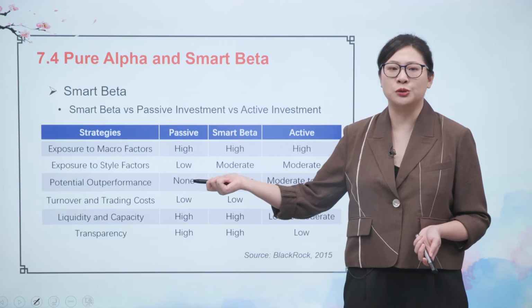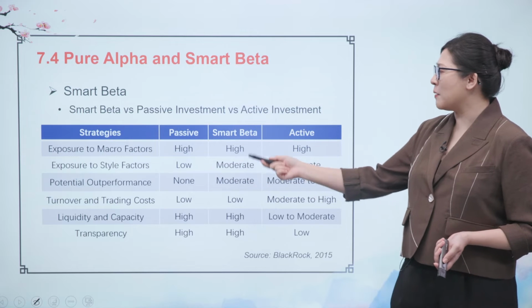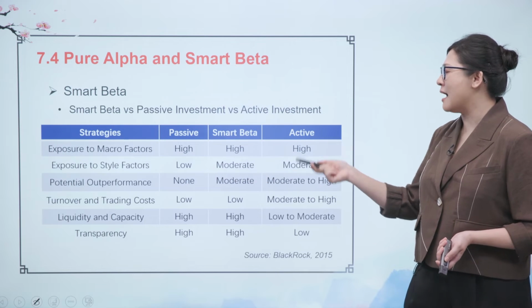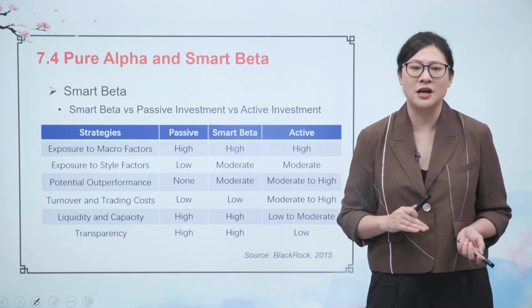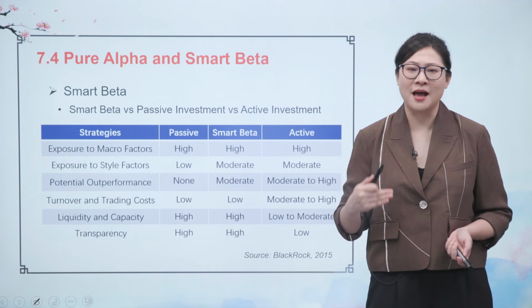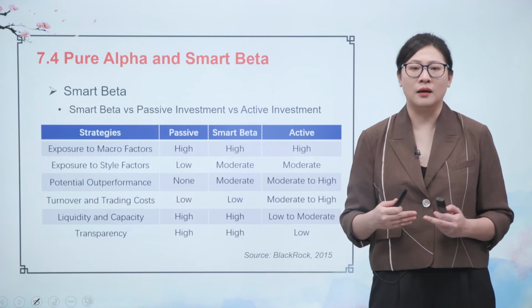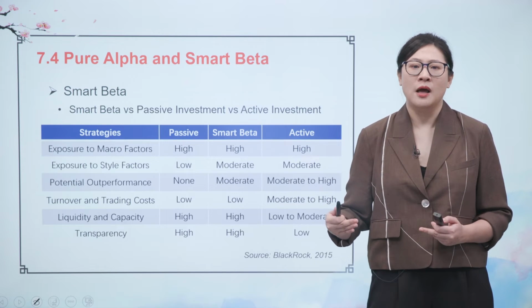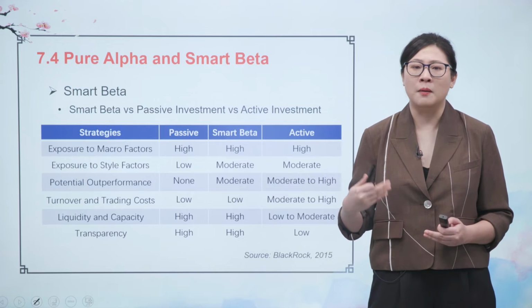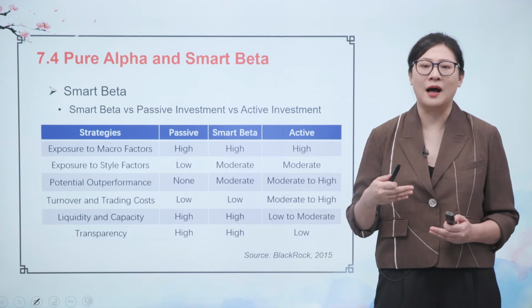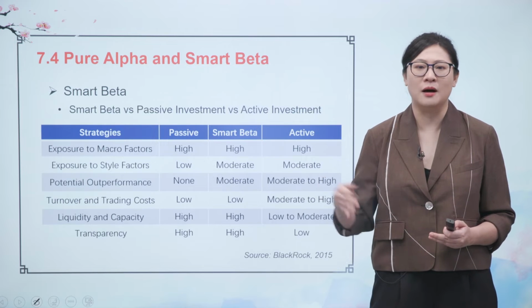For the exposure to style factors, passive is low, smart beta is moderate, and active is moderate. And the third one is potential outperformance. The passive investment strategy definitely won't have outperformance. For smart beta, it's moderate, but for the active investment strategy, it is moderate to high, but we don't have certainty about that.